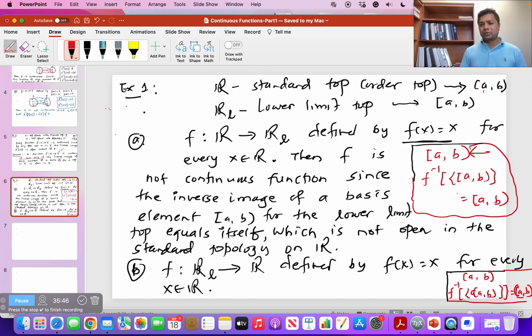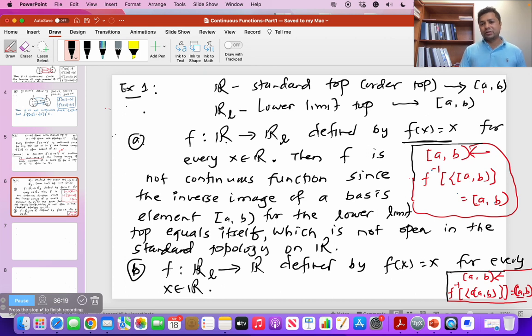You can go back to the definition of the lower limit topology and see that open intervals of this kind are open in the lower limit topology. So we found that the inverse image of a basis element for the standard topology on R is open in R under the lower limit topology. So our function is continuous. Okay, so the position of those R's here does matter.